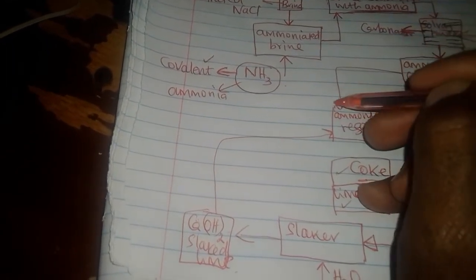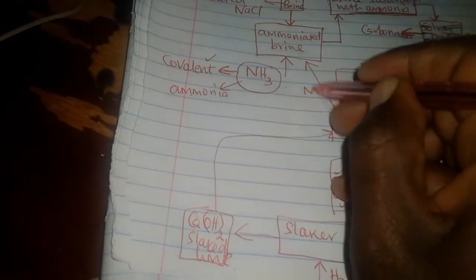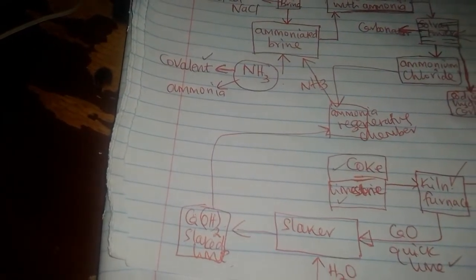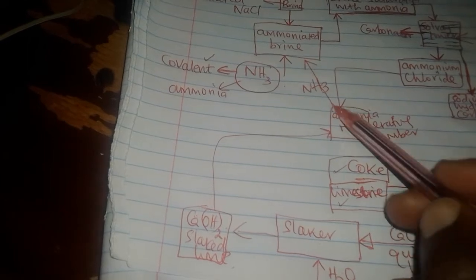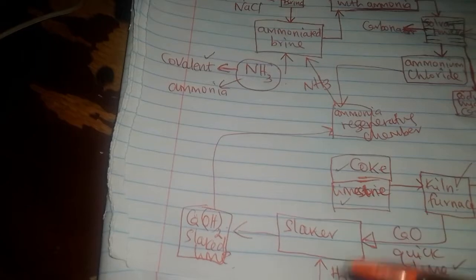The ammonia regenerating chamber regenerates ammonia. So more ammonia can get introduced here into that region of the ammoniated brine. So the ammonia regenerating chamber gives us more ammonia, that gets added onto this part.